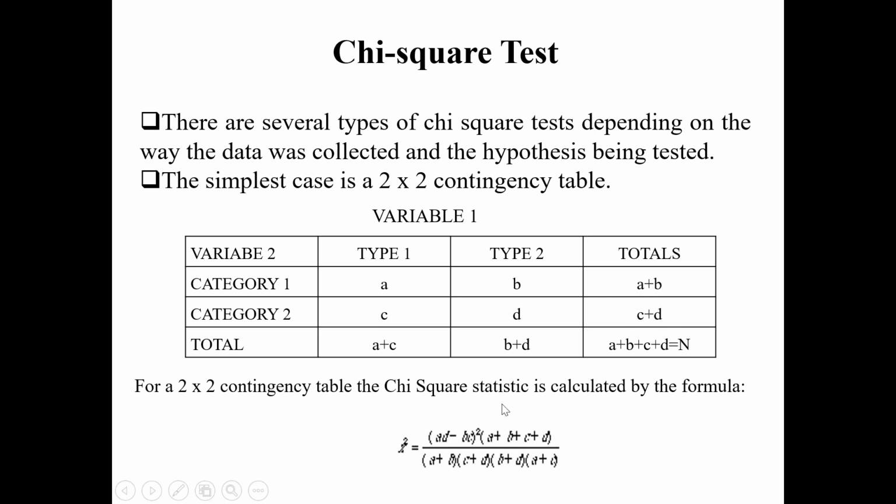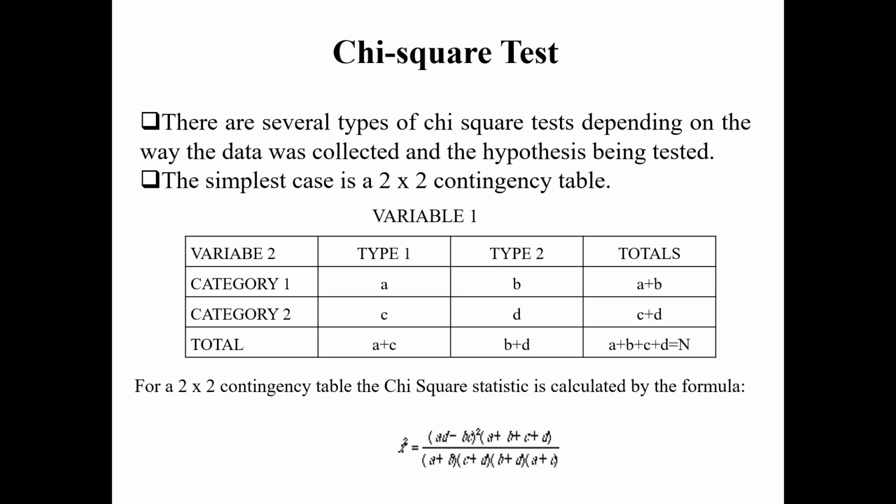So in brackets A plus B, the sum of the smokers, multiplied by C plus D, the non-smokers, multiplied by B plus D, that is no lung cancer cases, and A plus C multiplied by this, that is lung cancer cases. So this gives you the chi-square value.